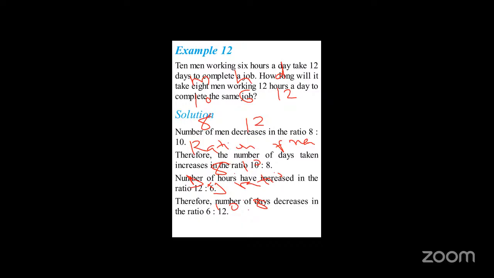10. Tukuje hours ratio. Ukiangalia the hours ratio ilikuwa 6 ikaenda 12, so in that case ni increase, so whereby it increased from 6 to 12. So what will happen to days ukikompare na hours?